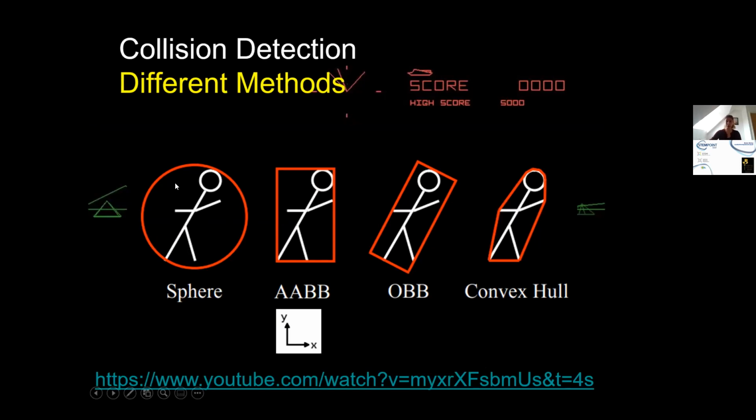Based on the geometry, we can go for a circle, or in 3D a sphere, a square, or a cube. Where there are orientations, we can also use the orientation of the bounding box. That's what OBB stands for: orientation of the bounding box. Or I can go along the shape of my object. AABB is the same, but it means axis aligned, because I have alignment on the X and Y axes. Based on your object, you can choose any of these.